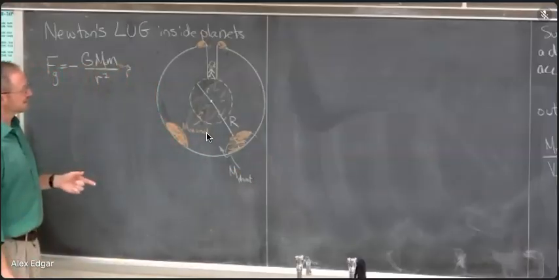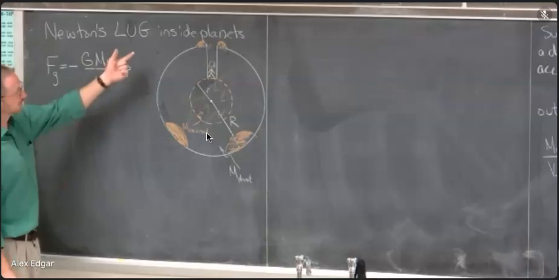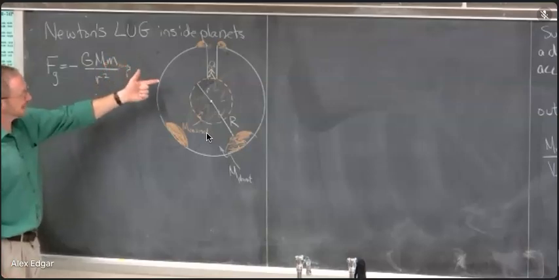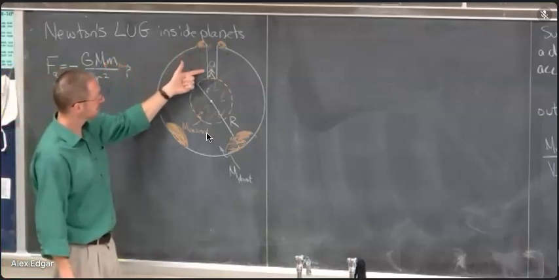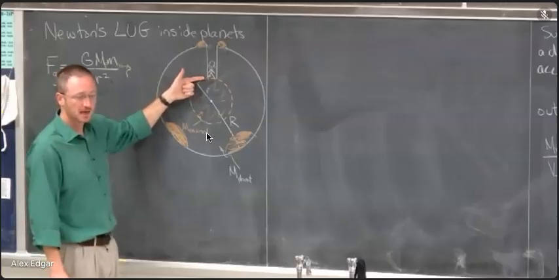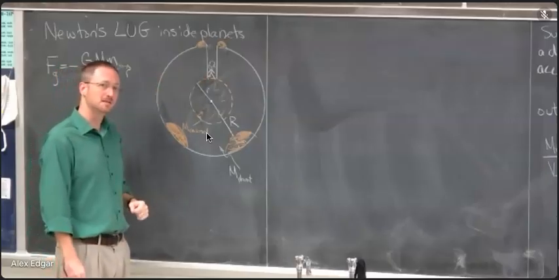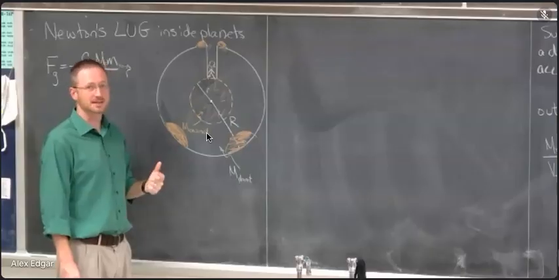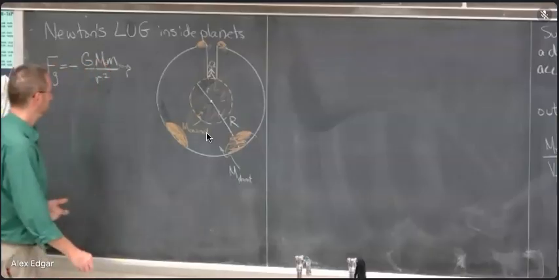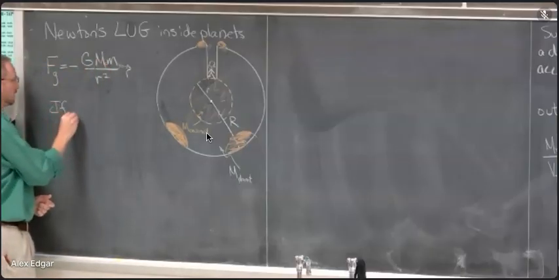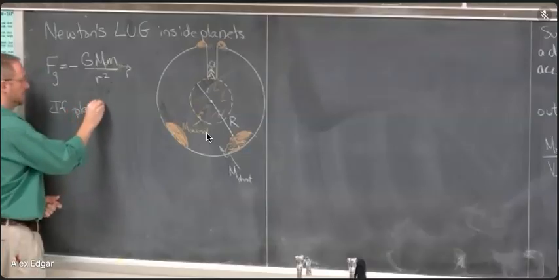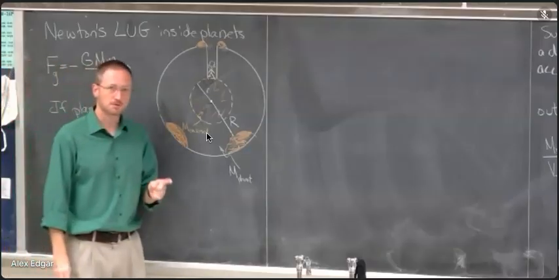So when you're moving inside the planet, you're enclosing less and less of the mass, but you're also enclosing less and less of the volume. And as long as the planet is of uniform density, this forms a nice, neat ratio that is constant. The same thing is true for electric charges.